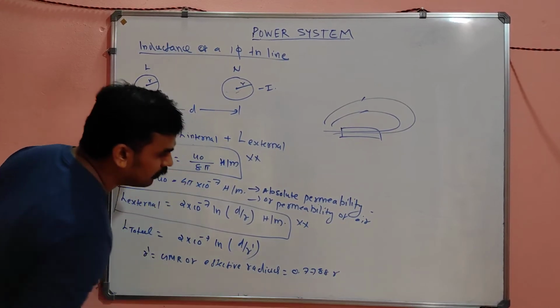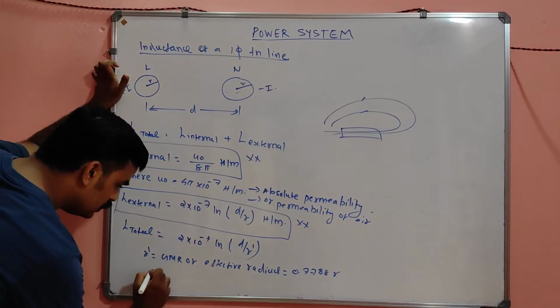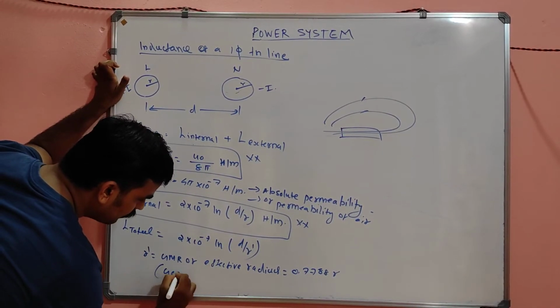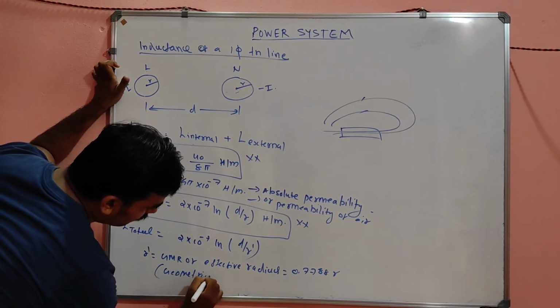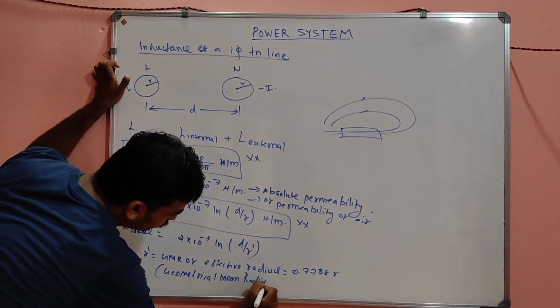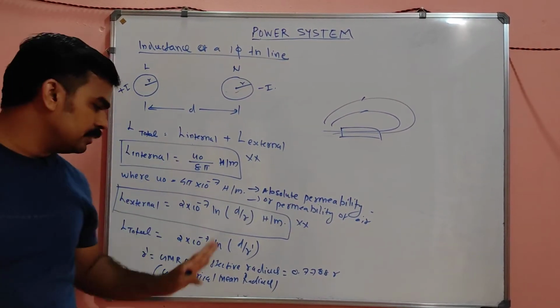Its value is 0.7788 r. GMR is nothing but geometrical mean radius, which is 0.7788 into r.